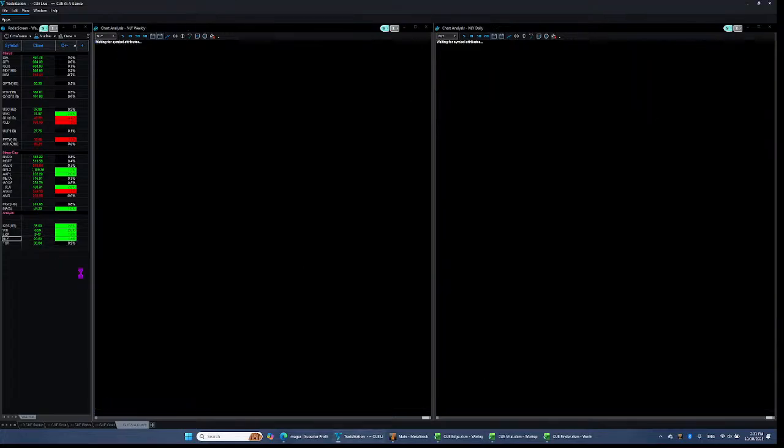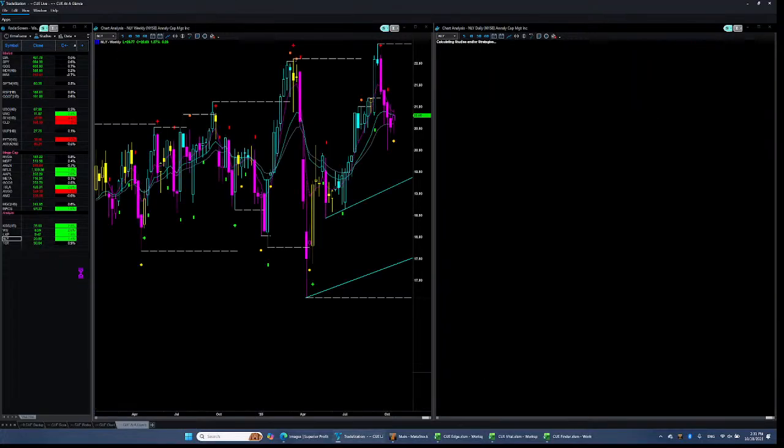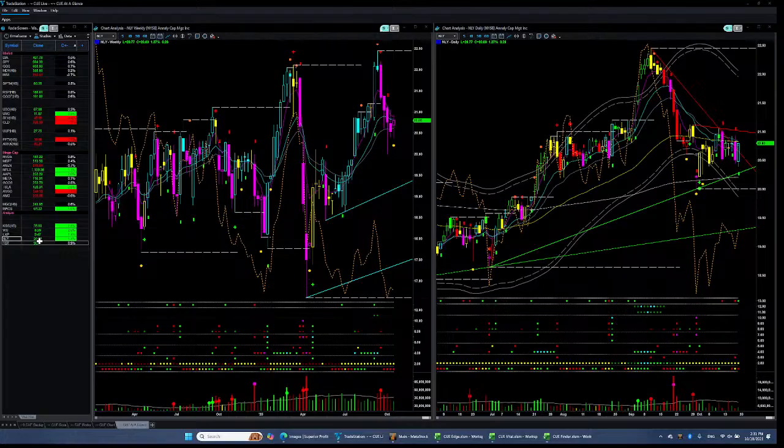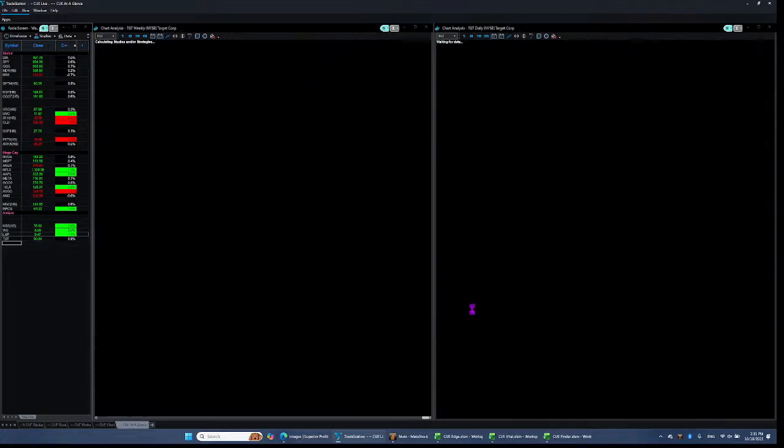Let's look at the last two stocks, NLY. The daily has a breakout similar to WU, but the weekly color is bearish. So I delete that stock. I will not like to add it to my watch list also. And last is TGT, Target.